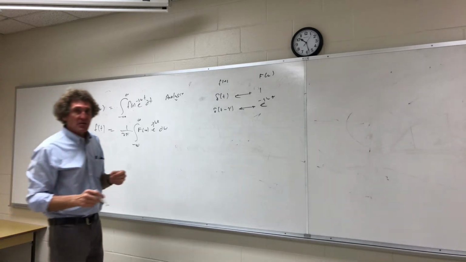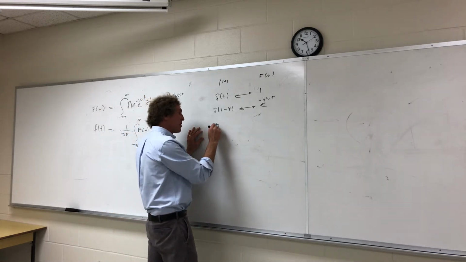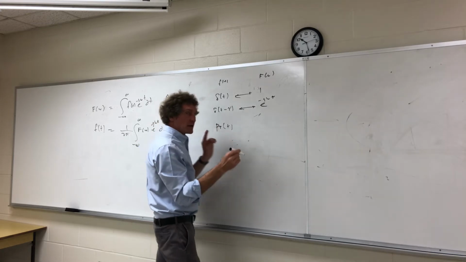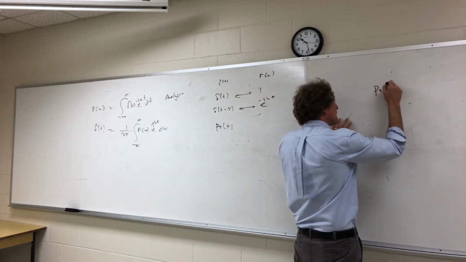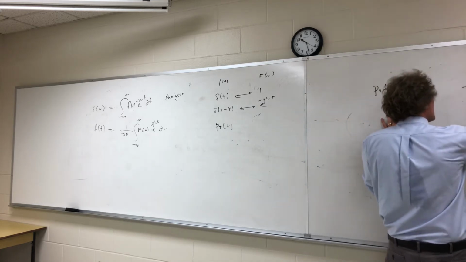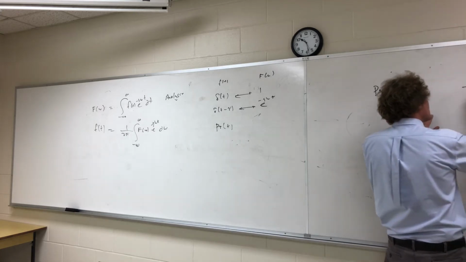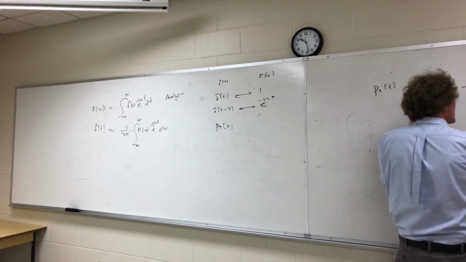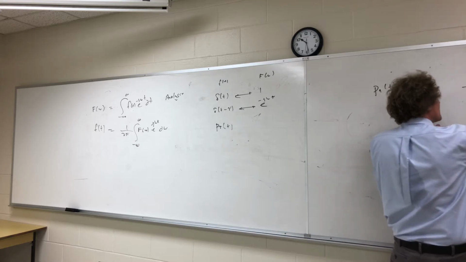Now the next thing you do is this. If I have here a pulse with width tau, P tau of t, let me be very clear when I define my pulse. P tau of t pictorially looks like this. Height 1, this is the axis of time, this is minus tau over 2, this is tau over 2, this is P tau of t.